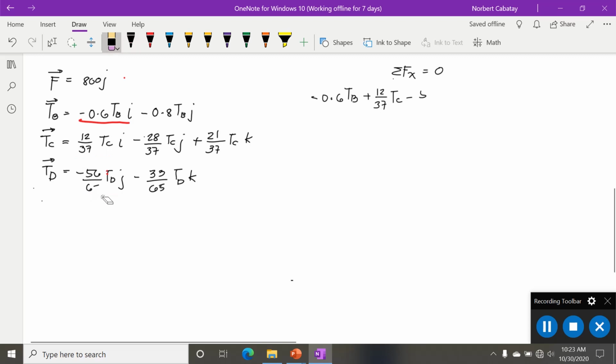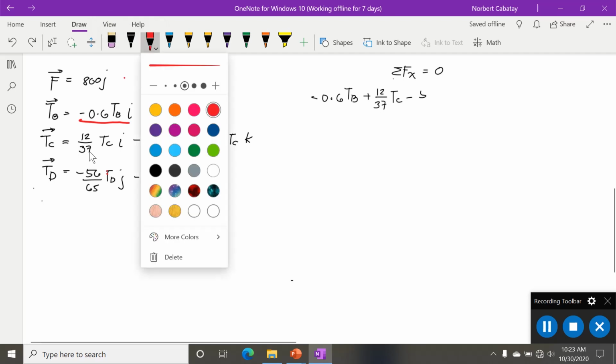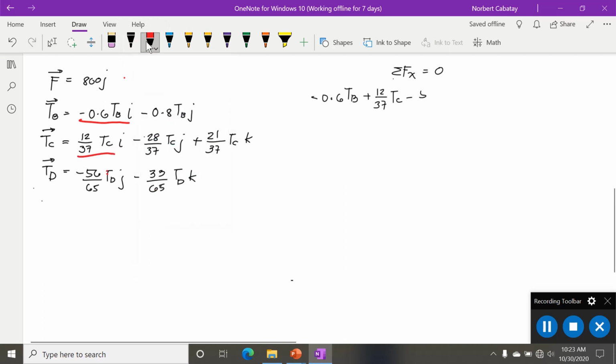This not included kasi j to. Hindi kasama. Yun lang may i ang kasama natin. So, itong dalawa lang. And that will be equal kay 0. And this will be our equation number 1.